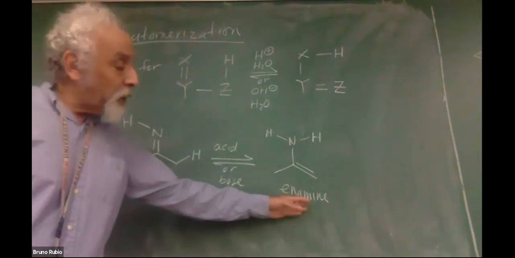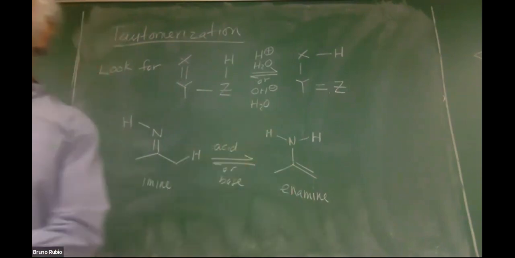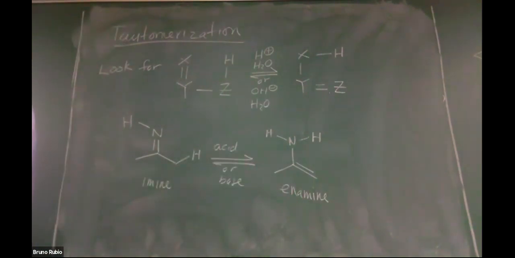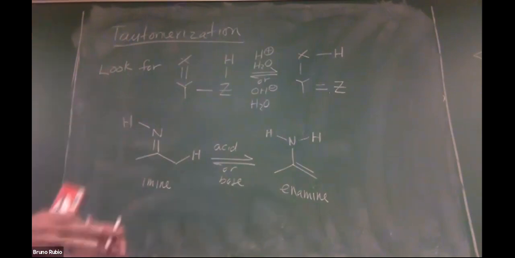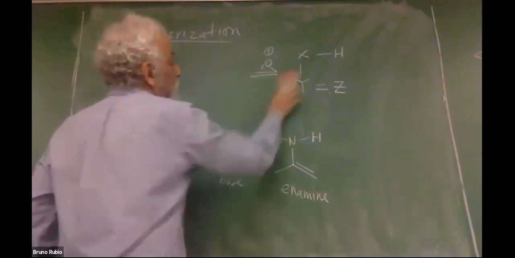E means double bond, amine means amine, and enamine is an ene that has an amine on it. Name makes sense. So now you're looking for this double, single bond to hydrogen motif. So let's do some problems.